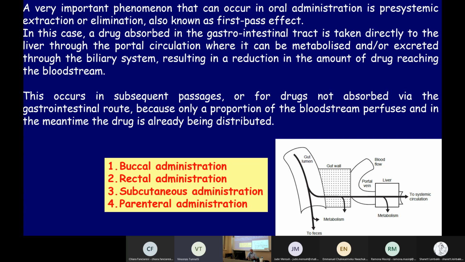Or rectal administration, the drug is able to reach directly the blood flow. Subcutaneous administration or parenteral administration by injection.